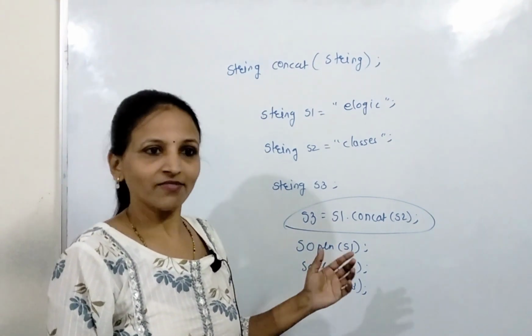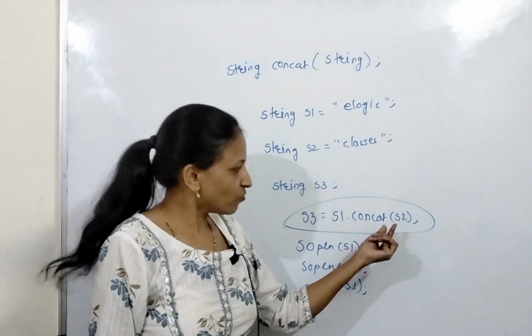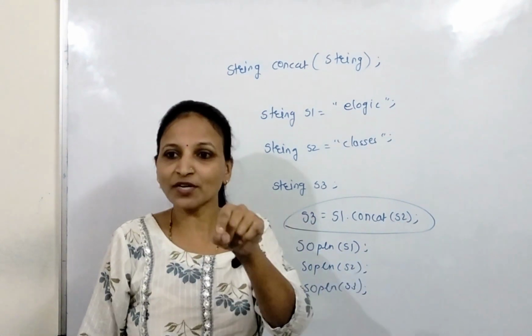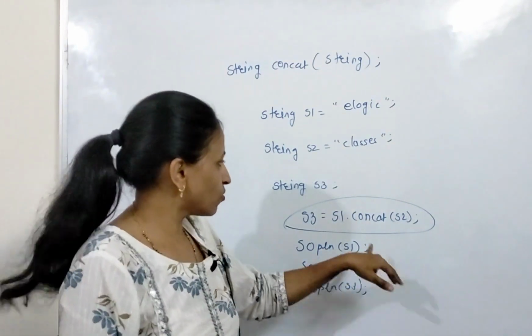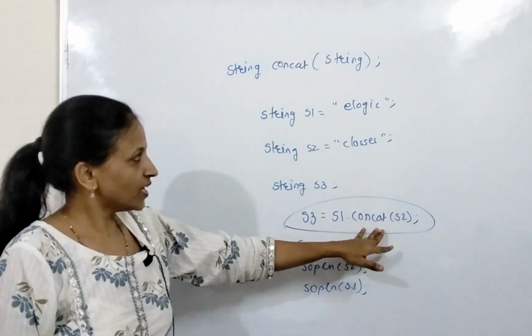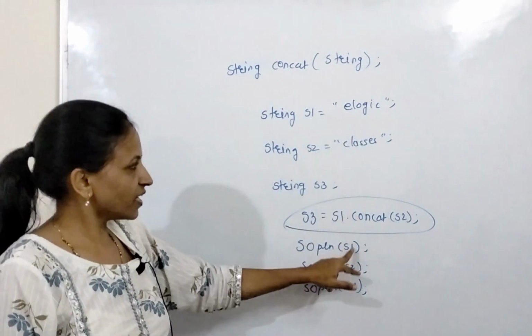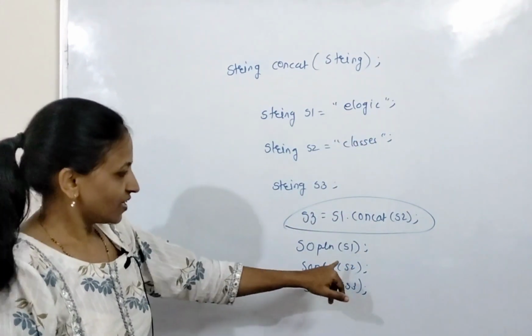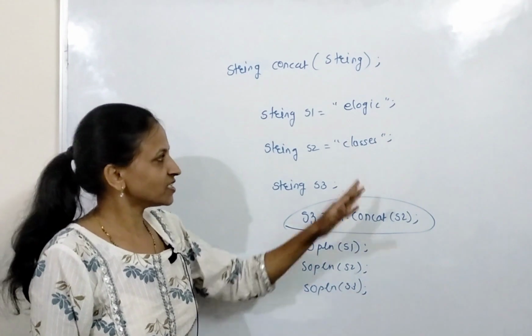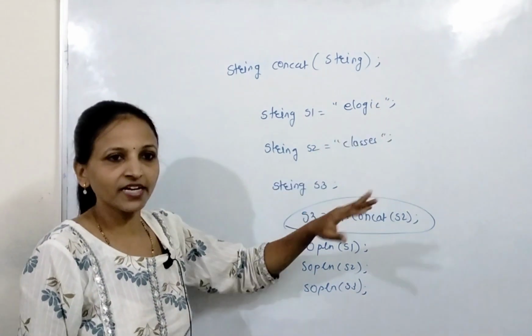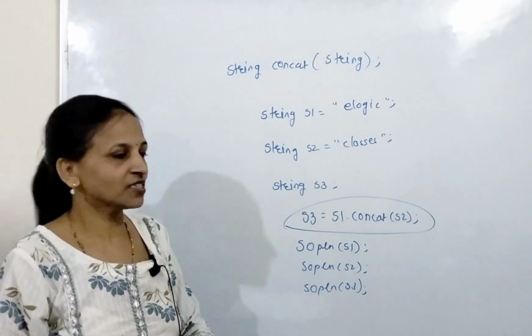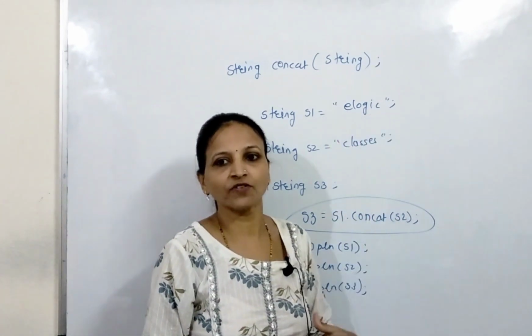Okay, meaning we will not call it like S1 dot, but whatever you pass as the argument would get affected in the case of C and C++. In Java, the concat method will be like this. Here eLogic will remain as it is in S1. Then S2 will have classes, and in S3 you will get eLogic classes. If there is one space, then you will get eLogic space classes. If no space, then you will get attached contents.